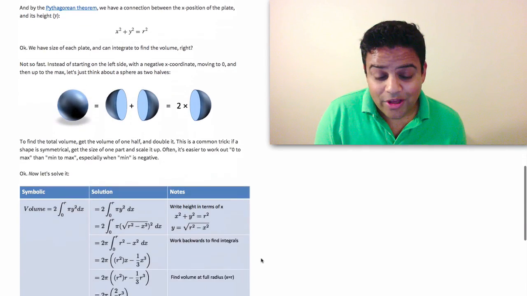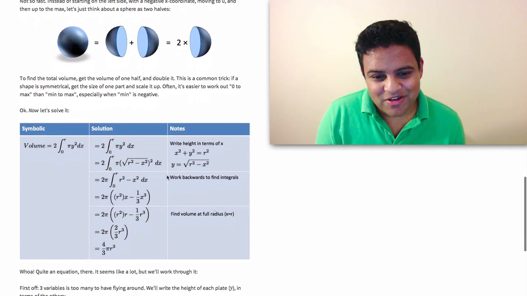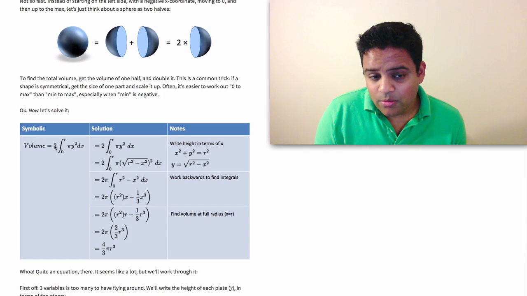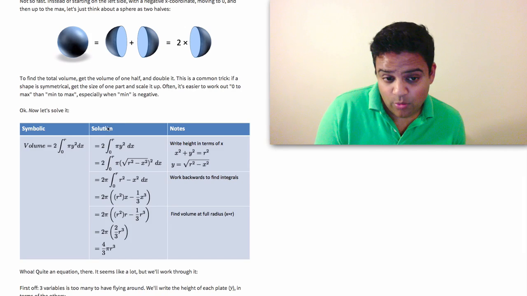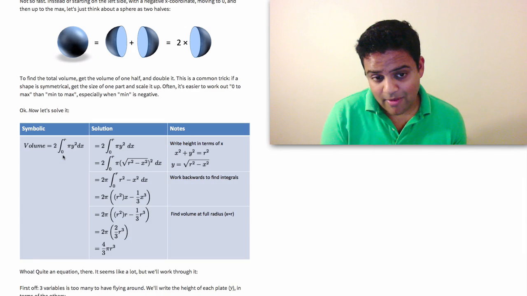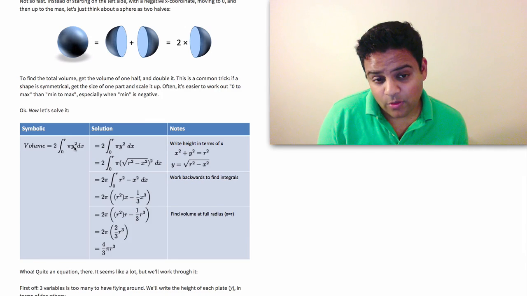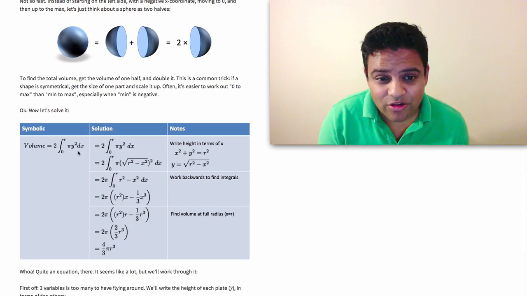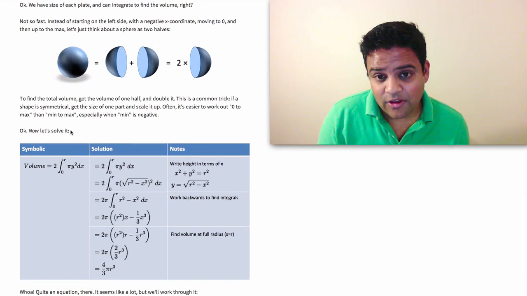So when we actually work through it, it's a little bit tricky, and we get a lot of formulas, but we can walk through it at a high level. The volume is basically double the size of 1/2. And the size of 1/2 is the integral from 0 to r, from 0 all the way to the maximum, of pi y squared dx. Now there are a lot of variables here. Let's walk through it. Y is just the height.